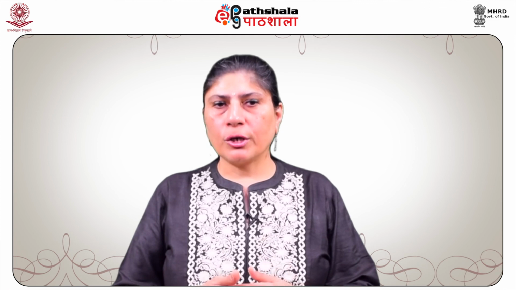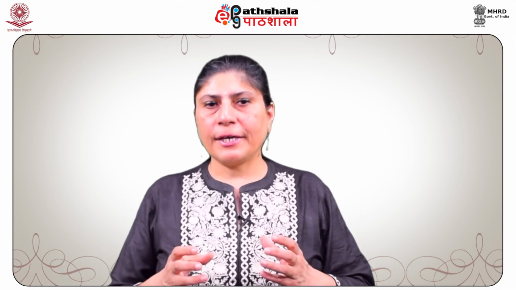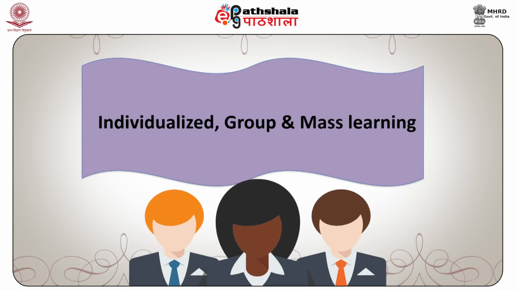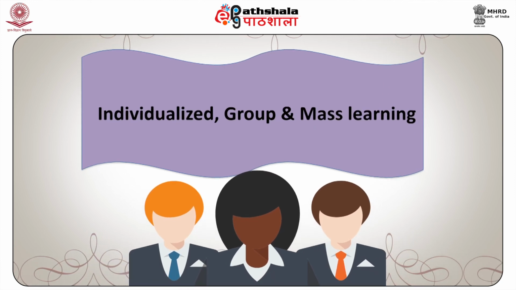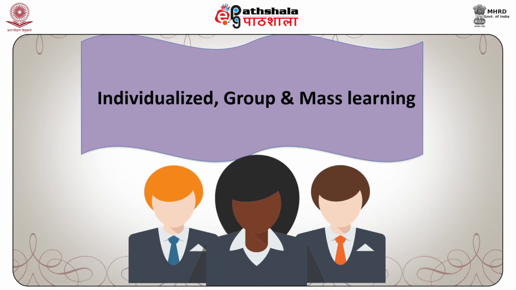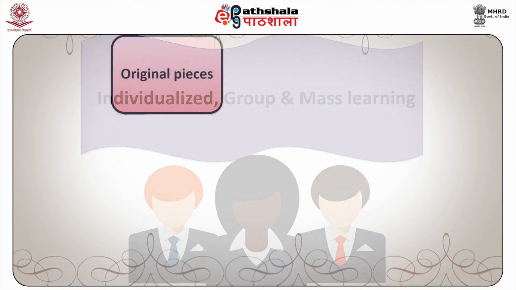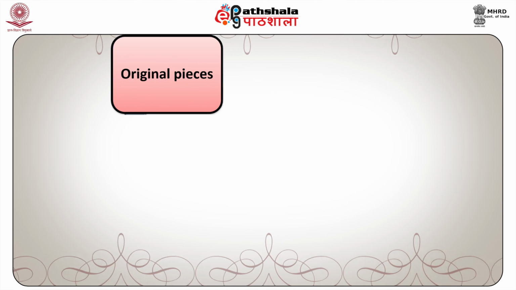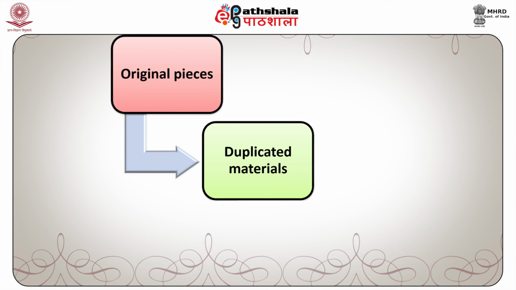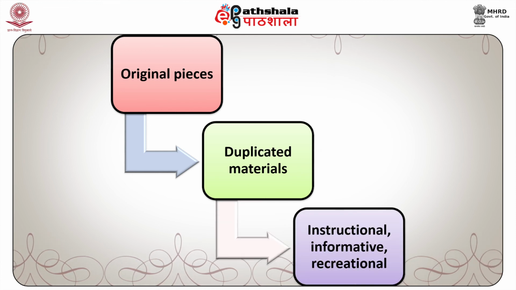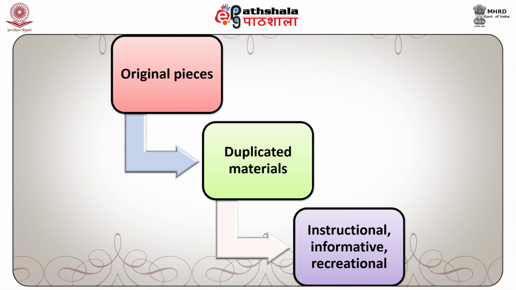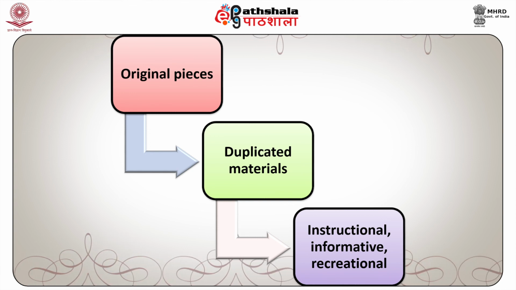At the end of the module, let's do a little summarization of what we have learned through this module. Print materials have an immense instructional role for individualized, group, and even mass learning. Printed materials may be original pieces of writing or they may comprise duplicated materials. They include a wide spectrum of instructional, informative, and even recreational materials.